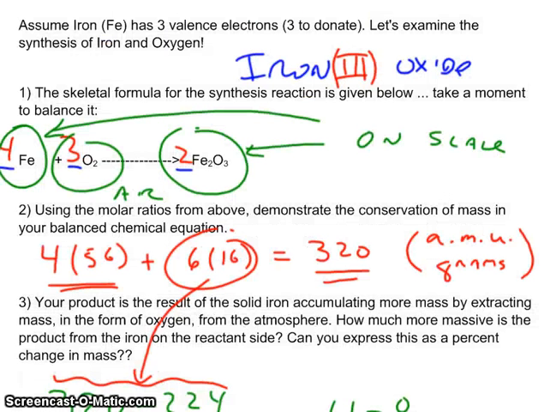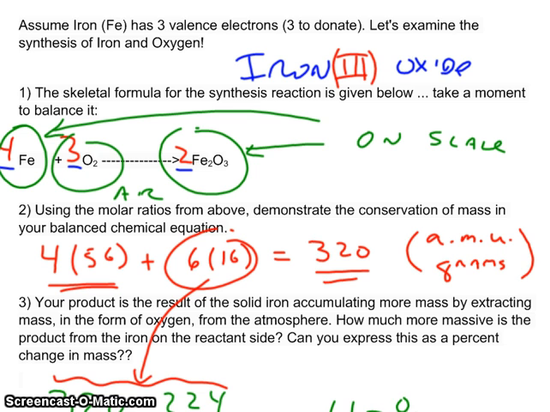So here's kind of a busy page of work that we did at this point. I asked the students to make the assumption that iron has 3 valence electrons, and they went ahead and examined then the synthesis of iron and oxygen. They balanced an equation, and then they used molar ratios to demonstrate conservation of mass.